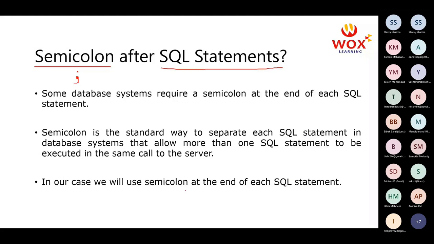It will not execute the whole query at a single time. It will execute the first part up to the semicolon, then you have to execute again, then it will execute the second statement, then again you execute, and it will run the third statement. Like that. So the semicolon is used where you want to stop the execution.